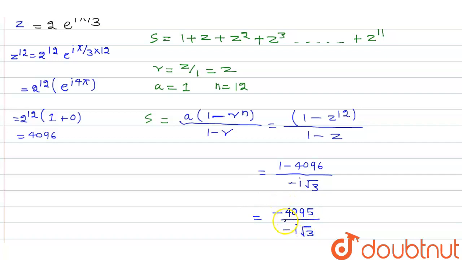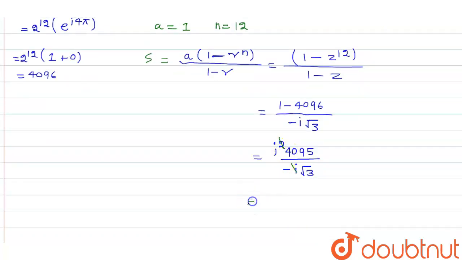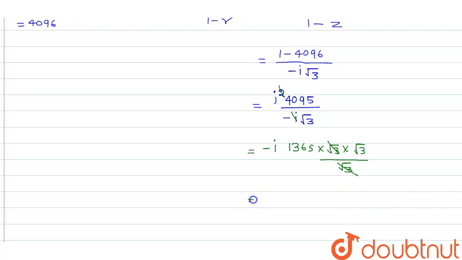Now this minus can be written as i², so one i and one i will be cancelled out, and 4095 can be written as 1365 × √3 over √3. The √3 and √3 will be cancelled out. We get minus i·1365√3. So this is our answer.